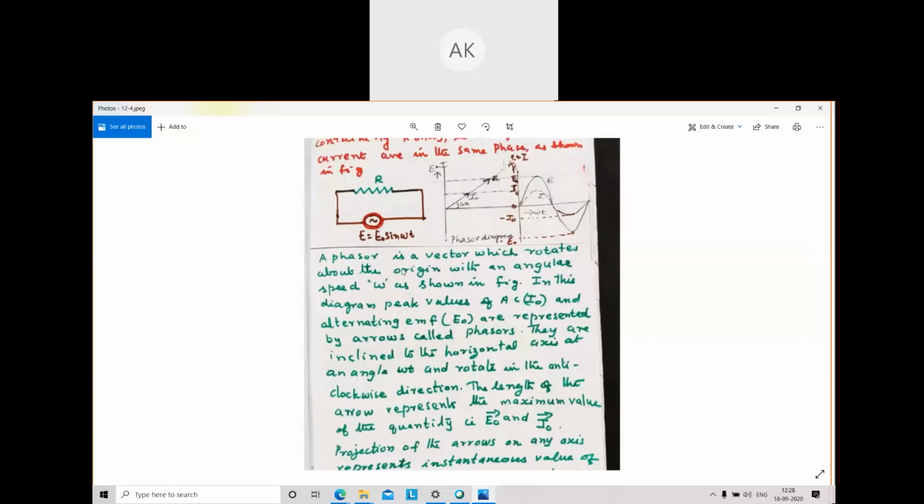In order to convert AC into DC, we use rectifiers, and in the lab we use an adapter for charging mobiles and all. That is DC. An adapter converts AC into DC. For charging we use DC current.